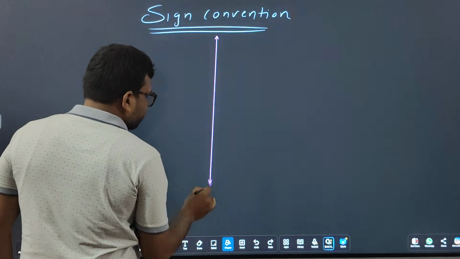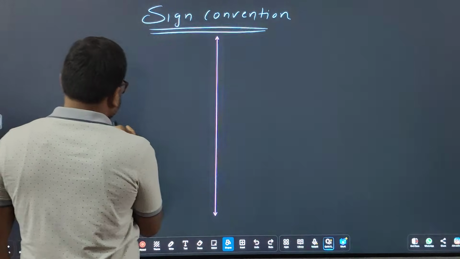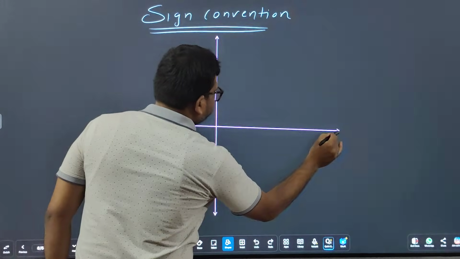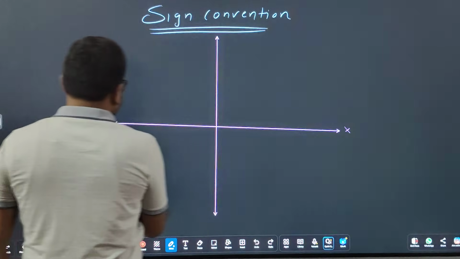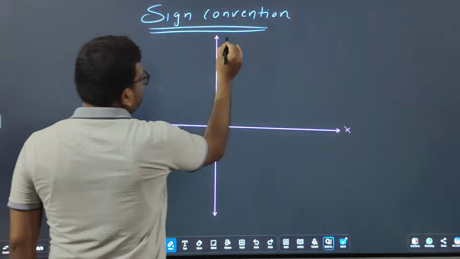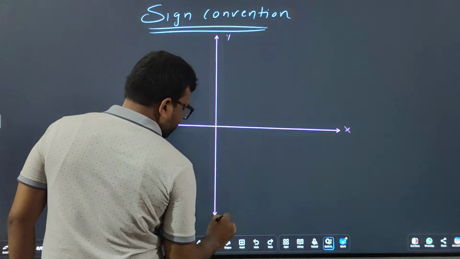Now draw the coordinate axis. X dash, y dash.